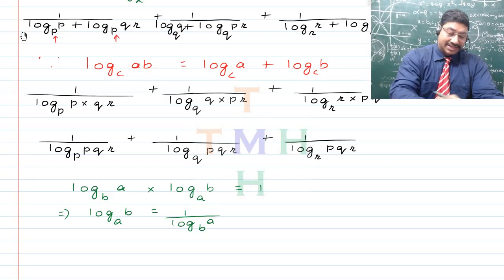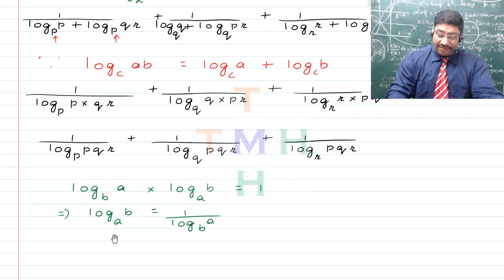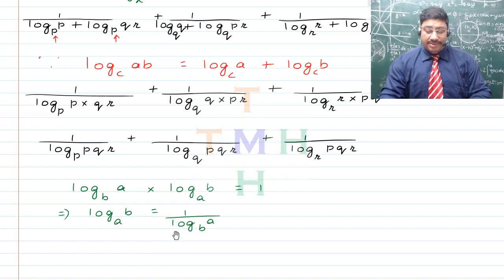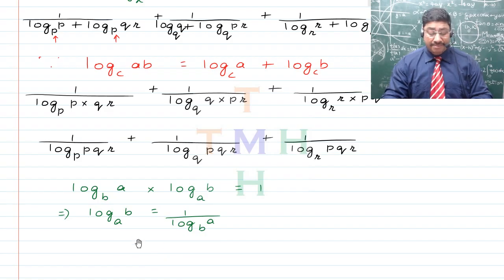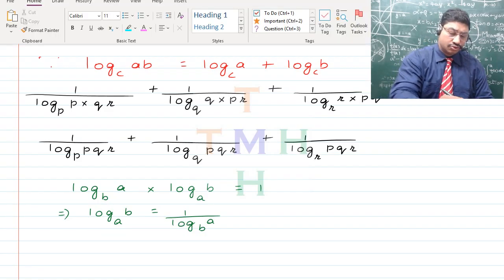So you can remember it this way: if we have the log of a number to a specific number as a base, then it is equal to 1 upon the log of the number which was the base, to the base of the number whose logarithm you found out. That is, we have just exchanged their positions. This comes from a derivation, which I will discuss in times to come, so that you do not have any ambiguity. We'll now be using this rule to solve this sum first.